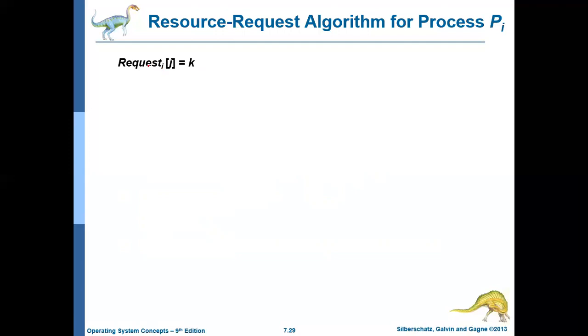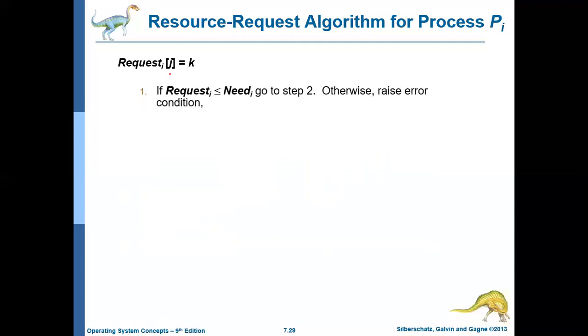So request I of j equal to k means process Pi is requesting k instances of resource type rj. With this knowledge, let us go through the algorithm.